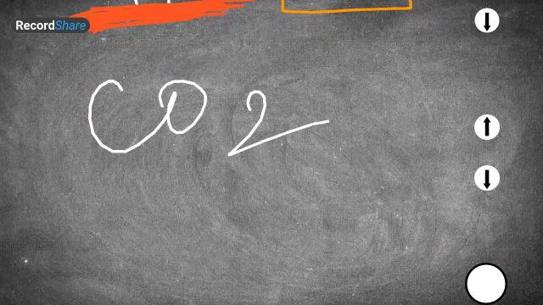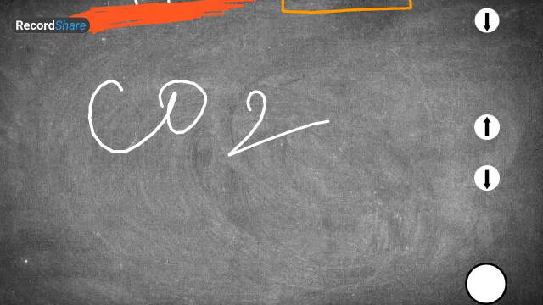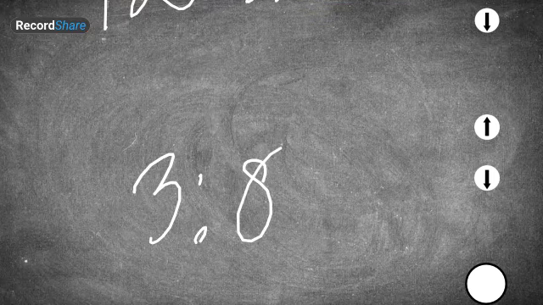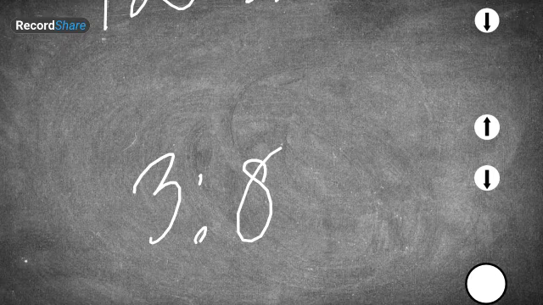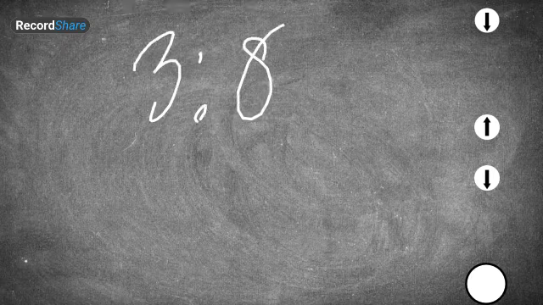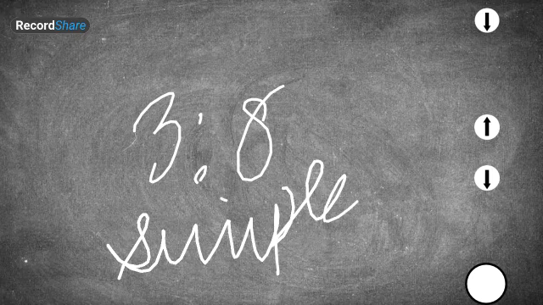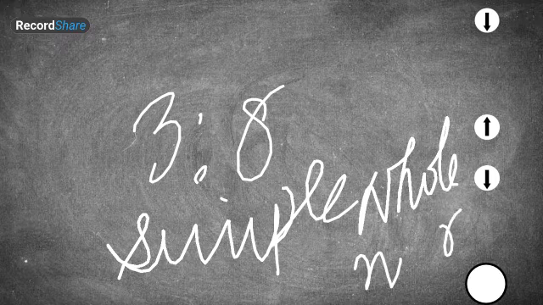Here the ratio is 12 is to 32, or you can say 3 is to 8. Then it is also a simple whole number ratio. It may be either the same or a simple whole number ratio.